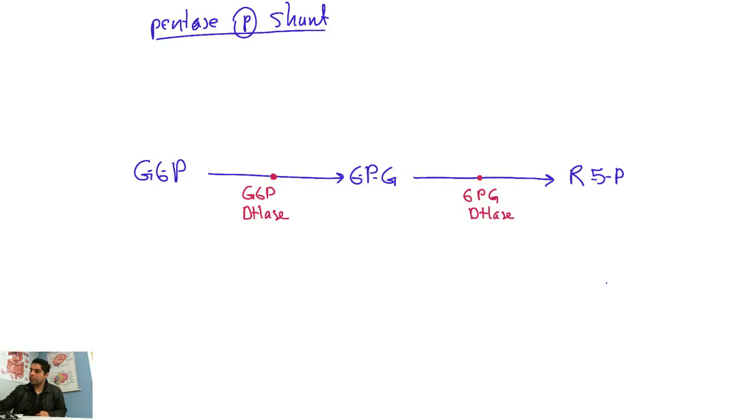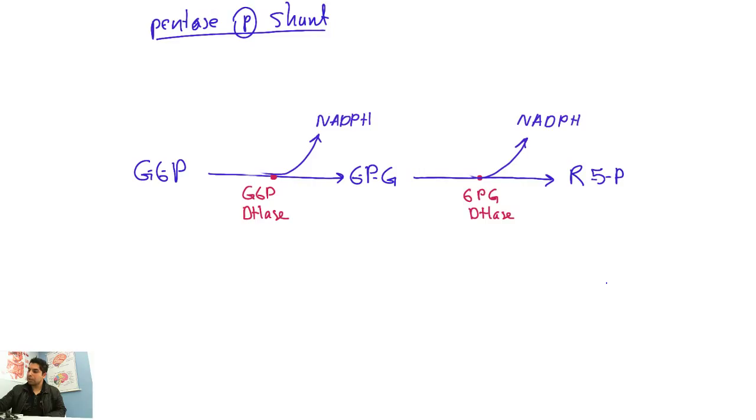Now, if it's a dehydrogenase, what does a dehydrogenase always use? NADH or NADPH or FADH, one of those. But in this case, NADP is converted to what? NADPH in both cases. So what is this reaction generating?